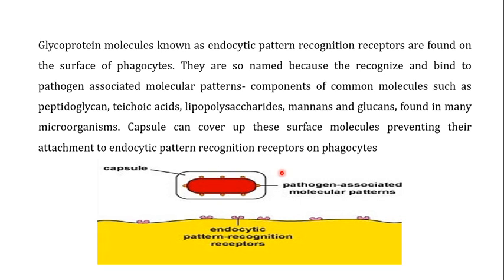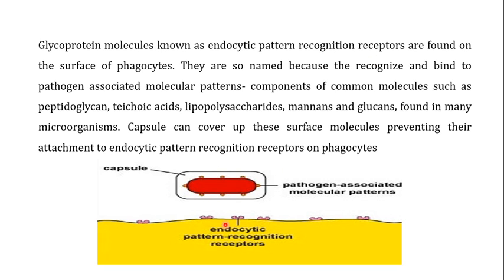If you talk about the capsule, this particular rectangular structure over here is the capsule, and these are the different components of the bacterial cell wall. Now, there are certain glycoproteins which are known as endocytic pattern recognition receptors.